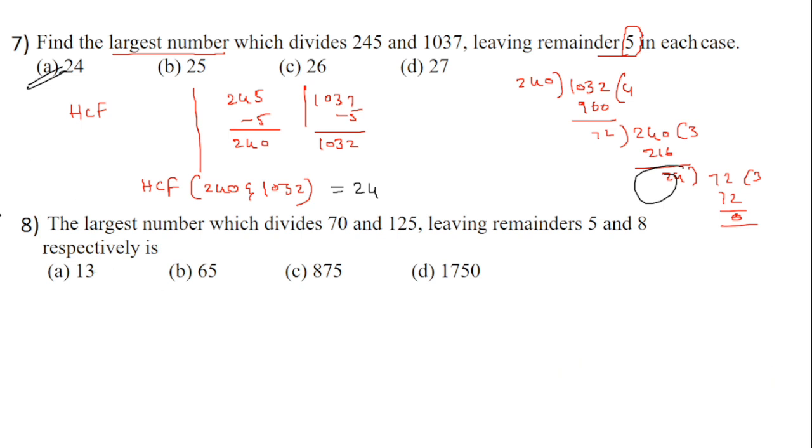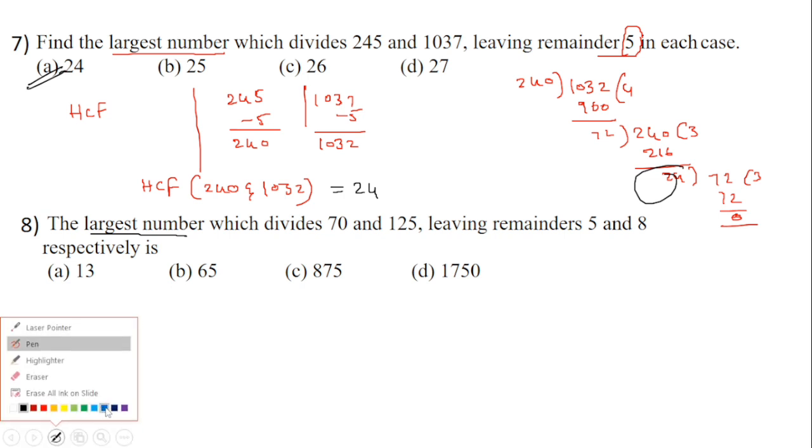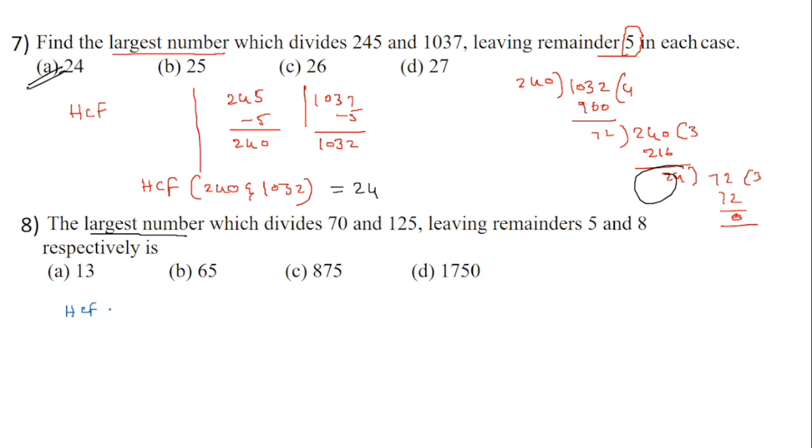Now move on to the next question. Question number 8. The largest number which divides 70 and 124, leaving remainder 5 and 8. See, here also it is the same as the above question. The keyword is largest number, so we need to find the HCF only. In the above question, it leaves remainder 5 in both cases, the same remainder in both numbers.